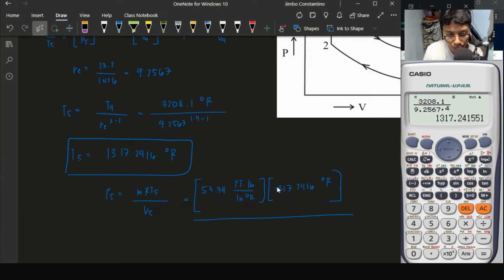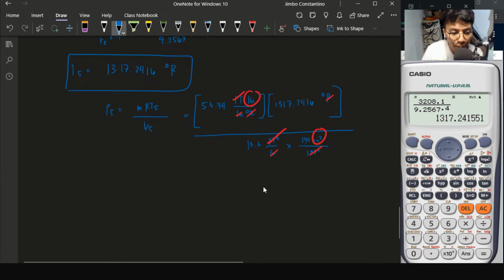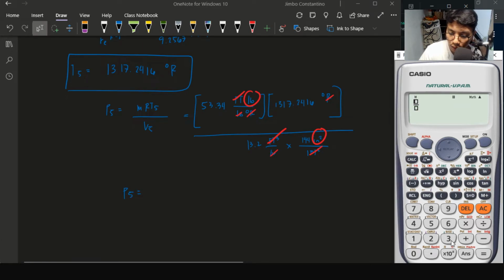Divide by V5, which is 13.2 cubic feet per pound. Always multiply by 144 inch squared per 1 foot squared, the conversion factor. Cancel all the same units: feet, feet cube, feet squared, pound, degree Rankine. What remains is pound per inch squared, PSI still. So, P5 is equal to what value? We'll cut it here.